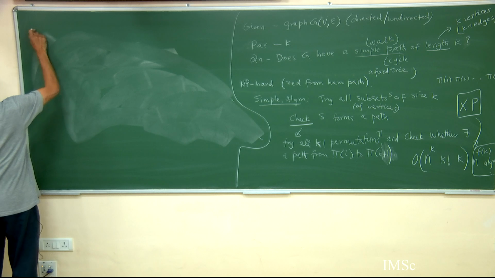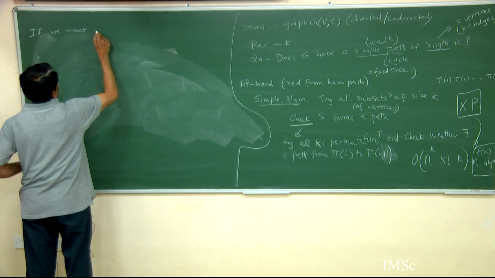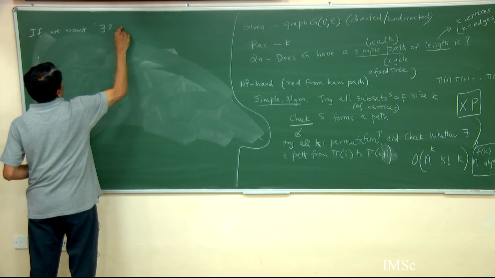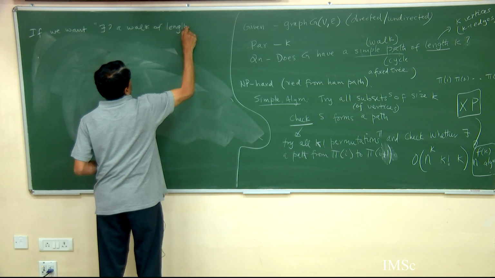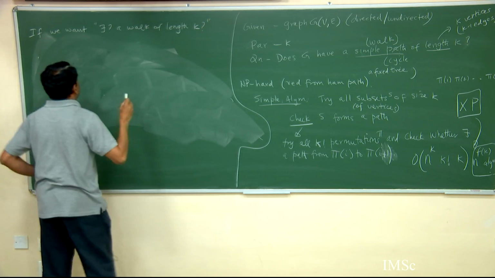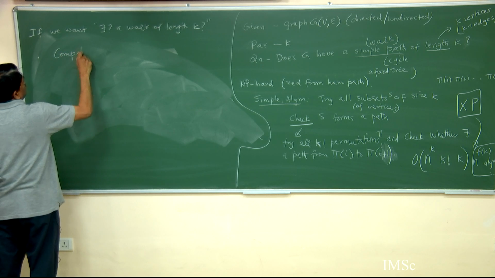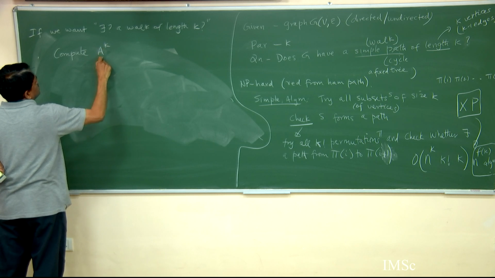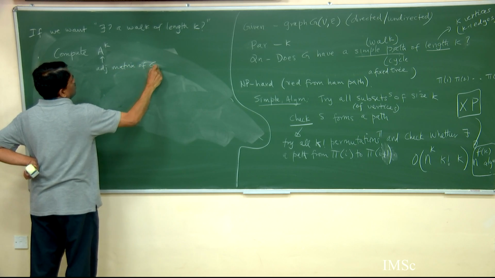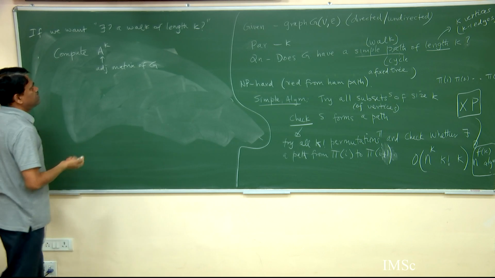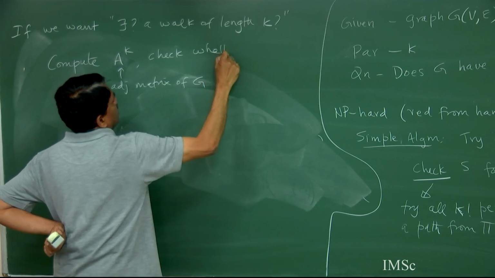So if you want walks, if you want the question, is there a walk of length k, then compute A to the power k, where A is the adjacency matrix of G, and check whether any entry is non-zero.